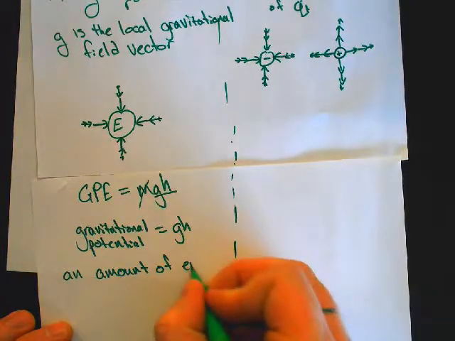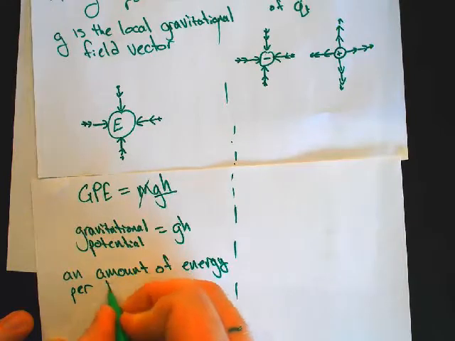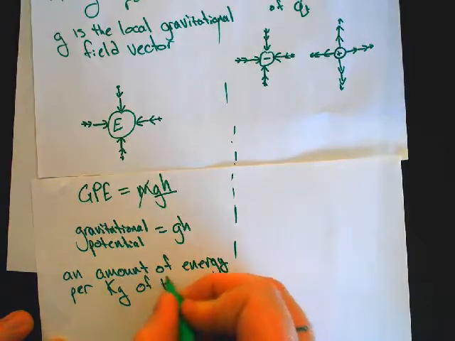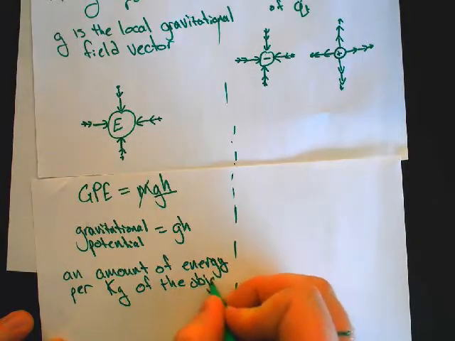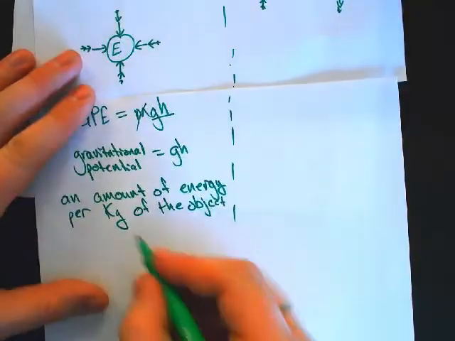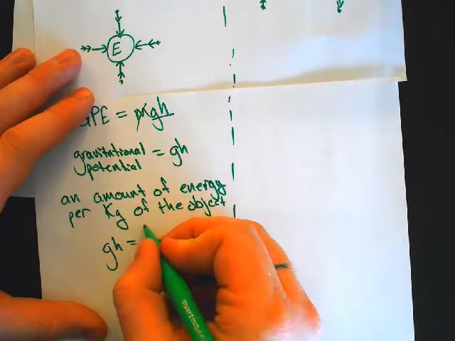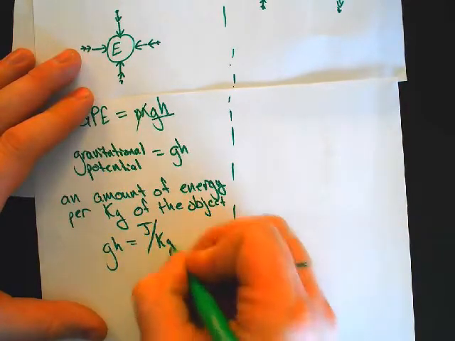This is on the left gravity column. So we could write gh as having units of joules per kilogram.